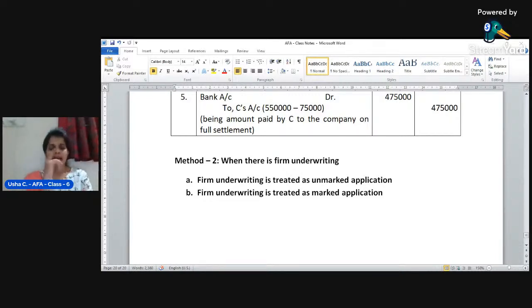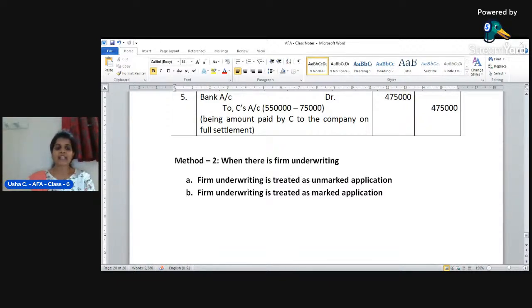Yes, right, okay. So now, when firm underwriting is treated as unmarked application, how to find the net liability of the underwriters, and when firm underwriting is treated as marked application, how to find the net liability of the underwriters? It is discussed while solving the problem. But I'll just give you the format.